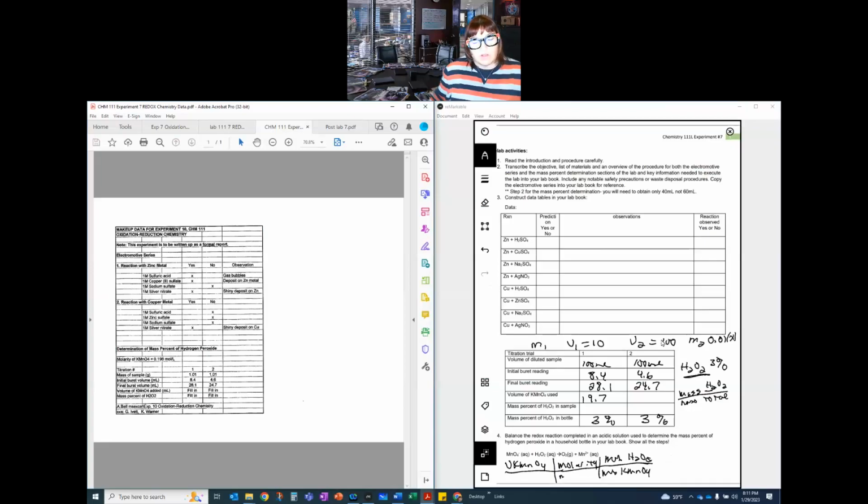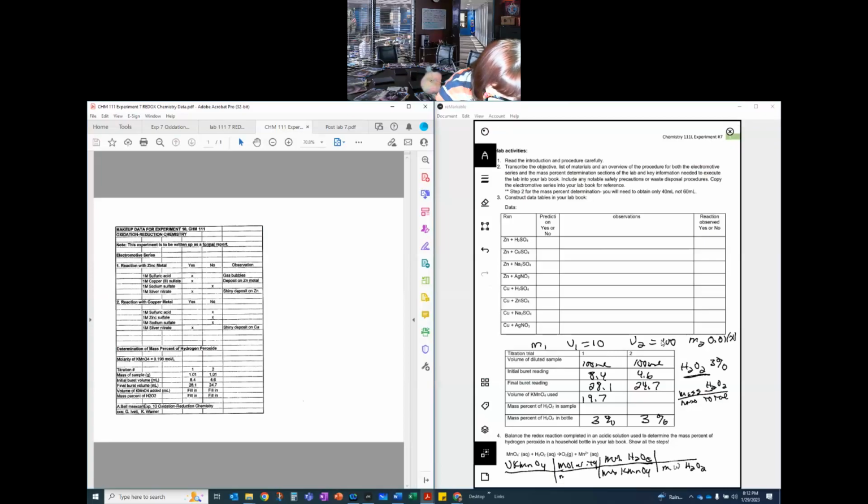That calculation should give it to you: the multiplication of the volume in liters times the molarity, and then use the molar ratio to get the number of moles of H2O2, and you can multiply by the molecular weight of H2O2 to get the correct mass.